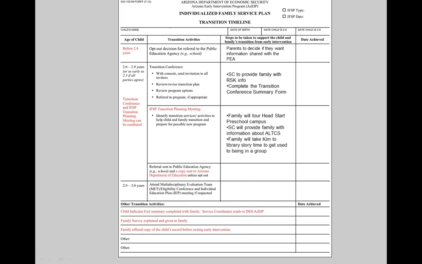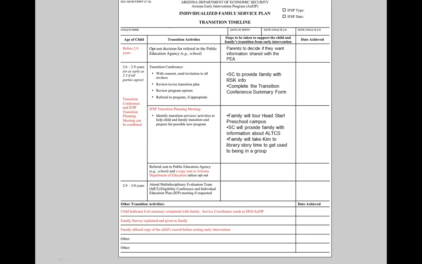If a child was determined eligible for AZIP after they are 2.9, the transition timeline changes. A transition conference does not need to be held, and the IFSP transition planning meeting is held in conjunction with the initial IFSP.